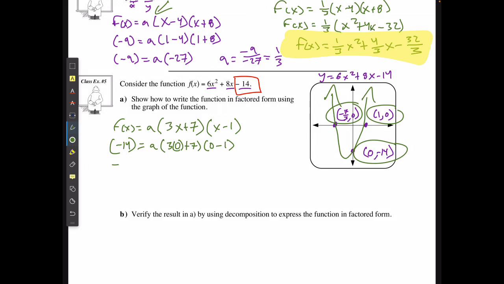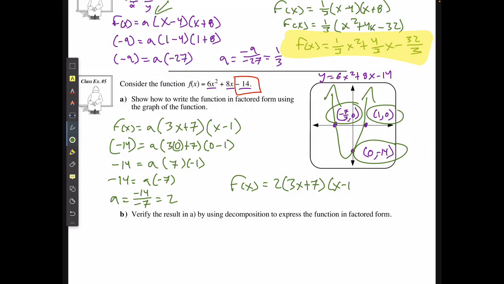Which means that negative 14 is going to equal a times 3 times 0 is going to be 0 plus 7, and 0 minus 1, or 7 times negative 1. Negative 14 is going to become a times negative 7. So a is going to equal negative 14 over negative 7, or positive 2. In my factored form, f of x is going to equal 2 bracket 3x plus 7 and x minus 1.